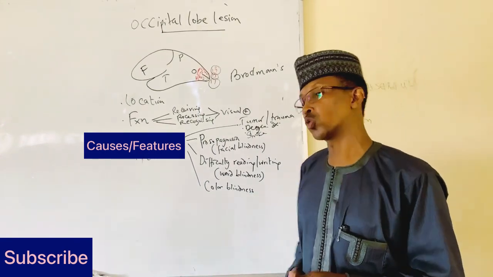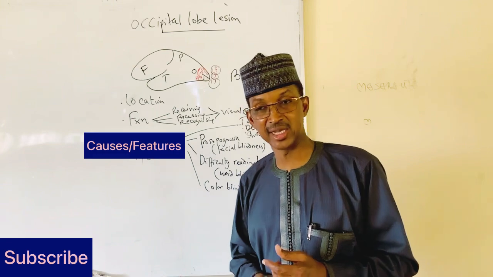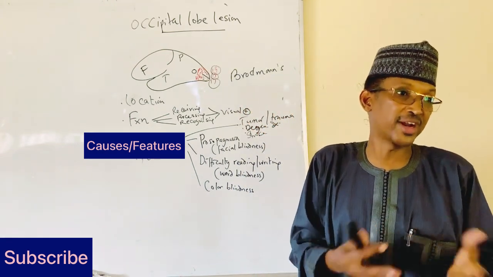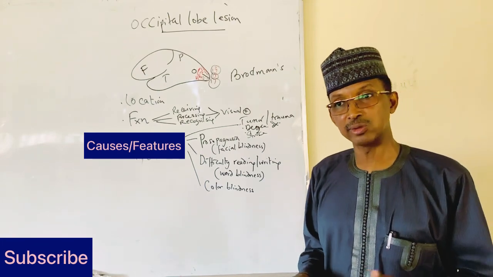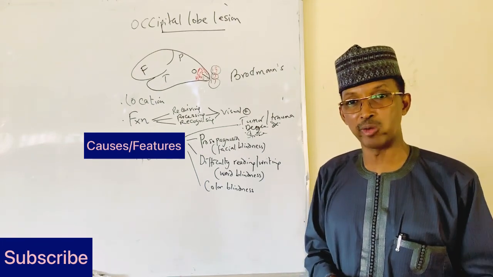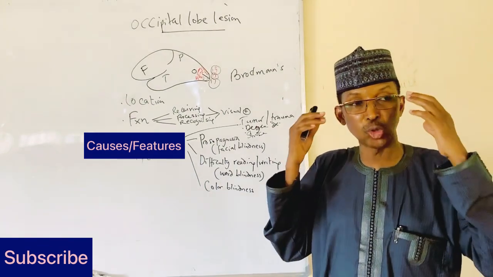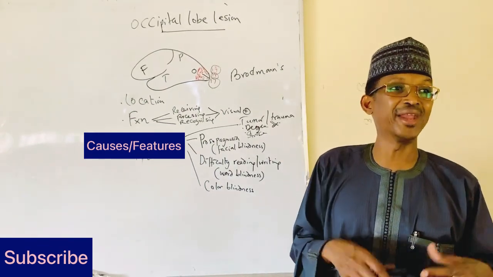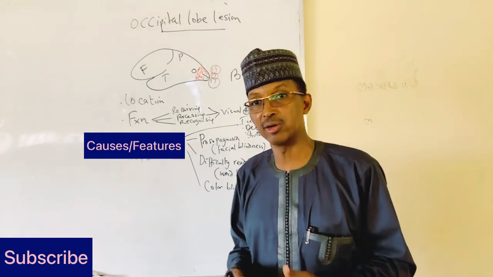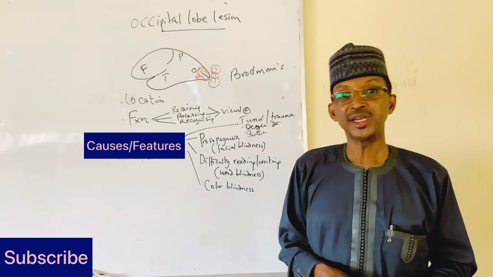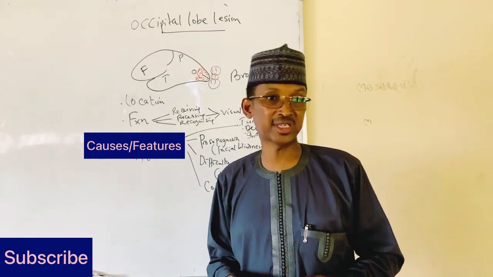Similarly, there is also what we call color blindness, because when you see an object, objects may come in different colors: red, blue, brown, and so on and so forth. Our visual cortex is able to recognize these conventional colors and different varieties of them.